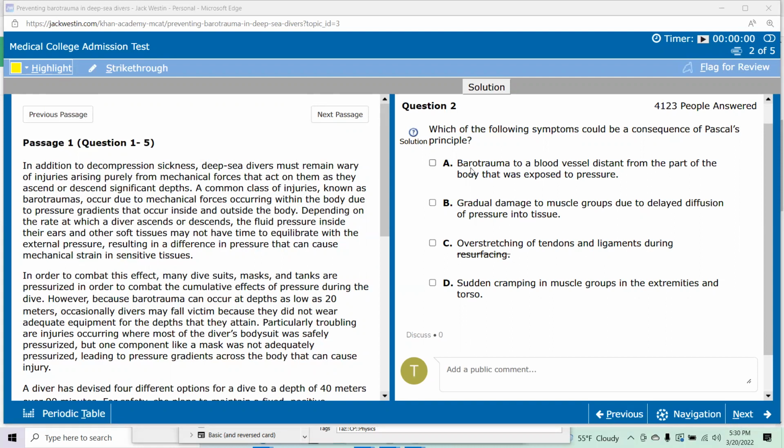I'm thinking it's A. Barotrauma to a blood vessel distant from that part of the body that was exposed to pressure. Sure, why do you guys think it's A?